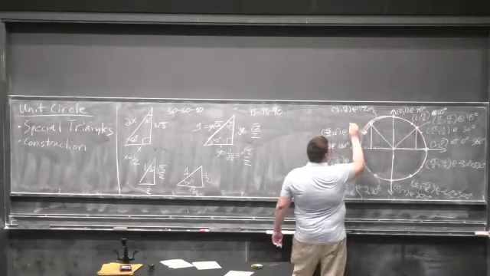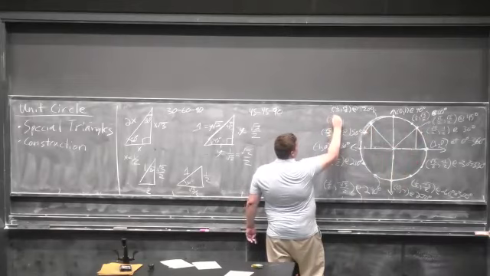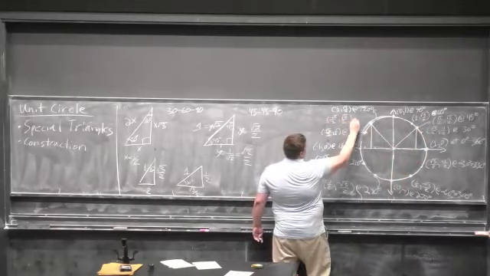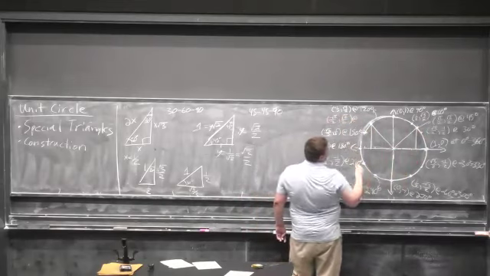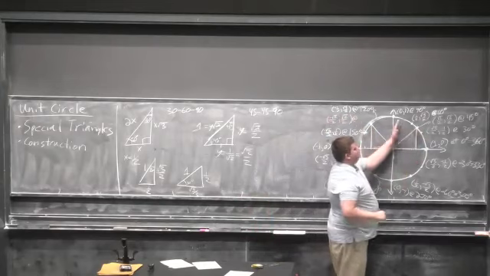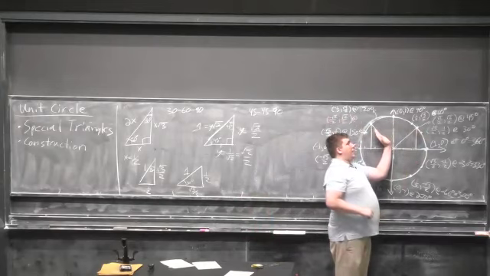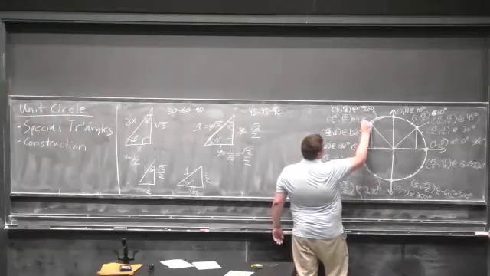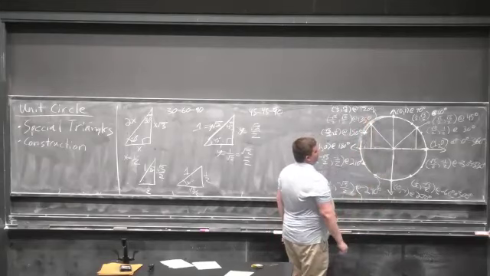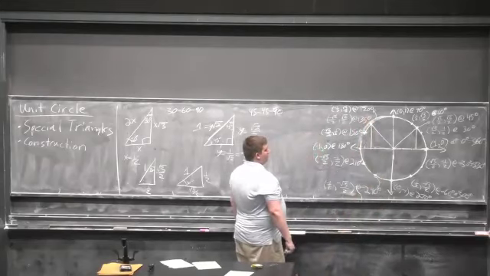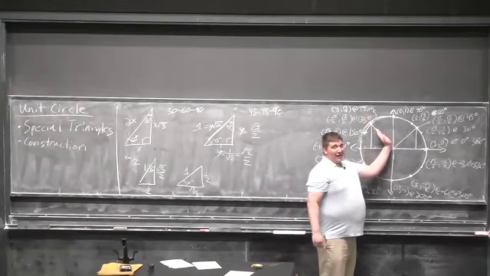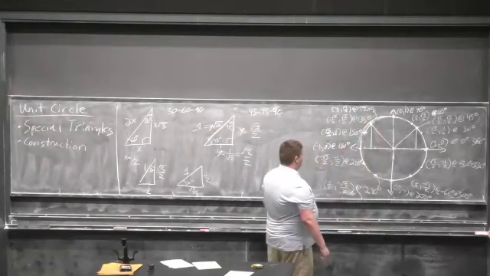And so here we have negative square root 2 over 2, square root 2 over 2. This is at 45 plus 45 plus 45. We could also think of this as 180 minus 45. That is 135 degrees. We can also think of this as 3 pi over 4 radians.